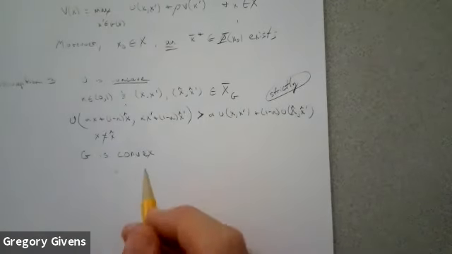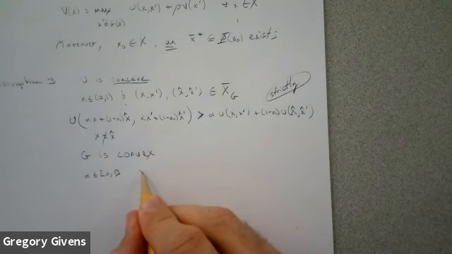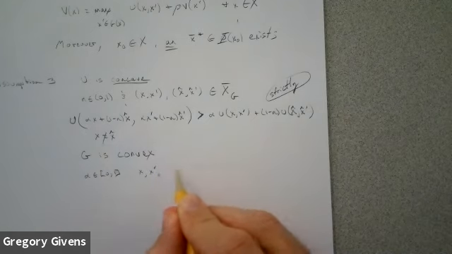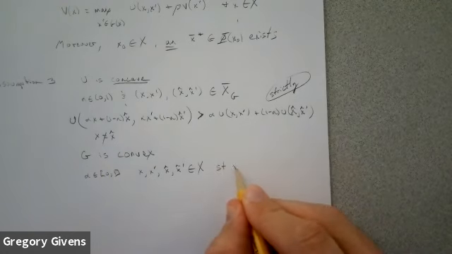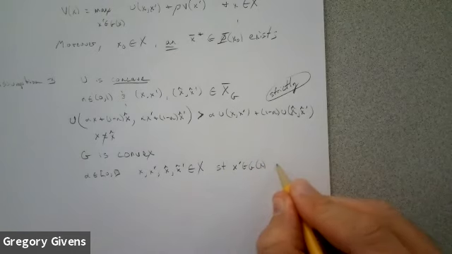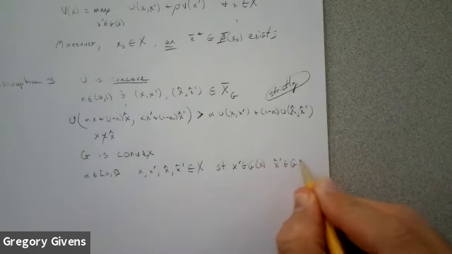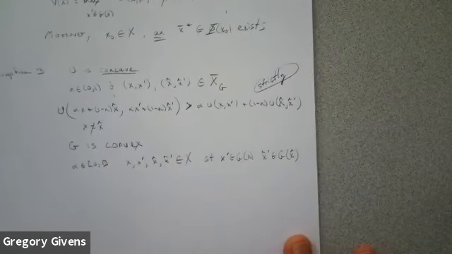Mathematically, we say that for any alpha between 0 and 1, closed interval, and any x, x hat in big X, such that x prime is in G of x and x hat prime is in G of x hat, then you can show the following.